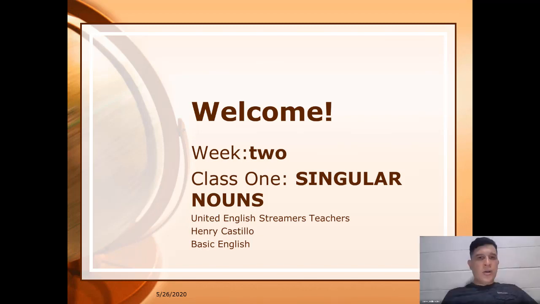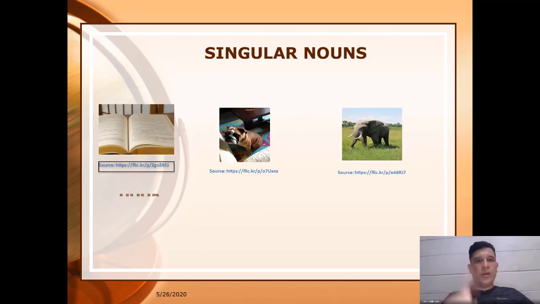Good. So on week 2, class 1, singular nouns. That's what we're going to talk about this day, today. Singular nouns, like the word says, we talk about just one thing. For example, book, singular, talking about one thing.